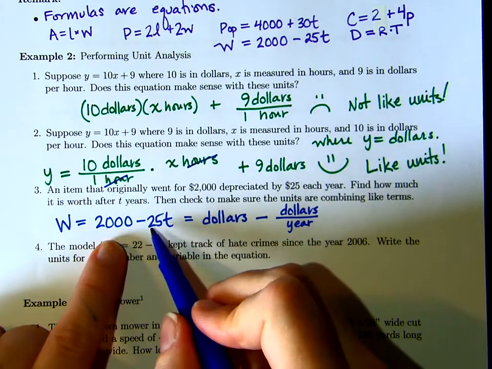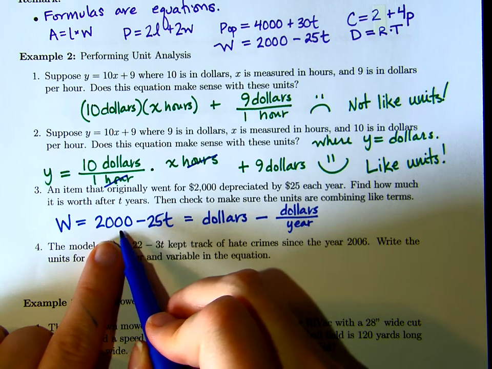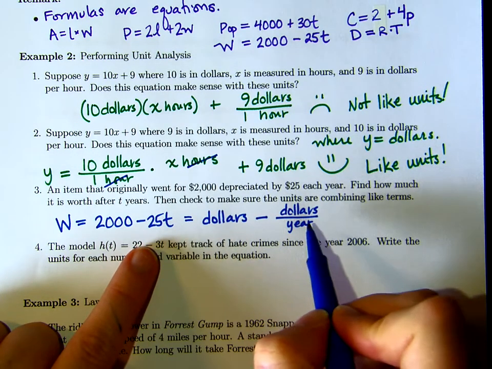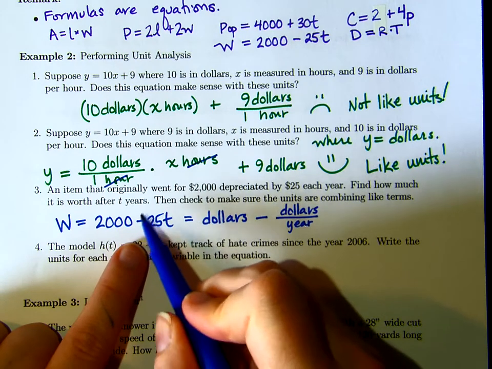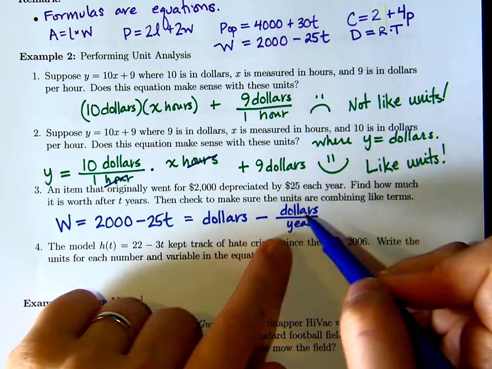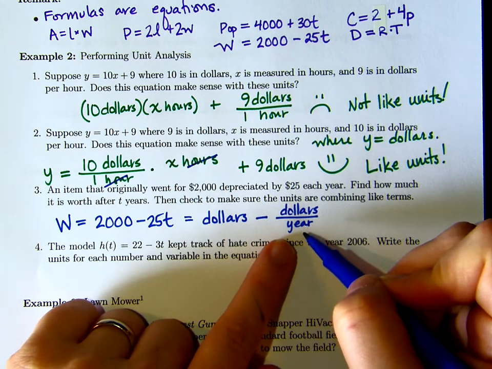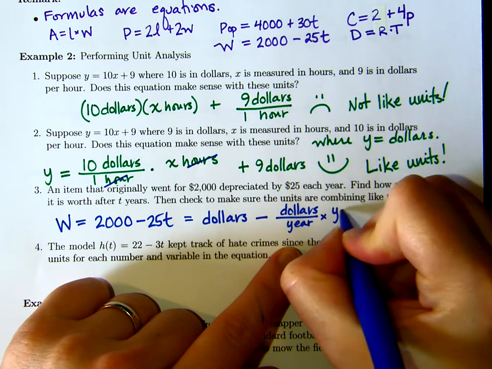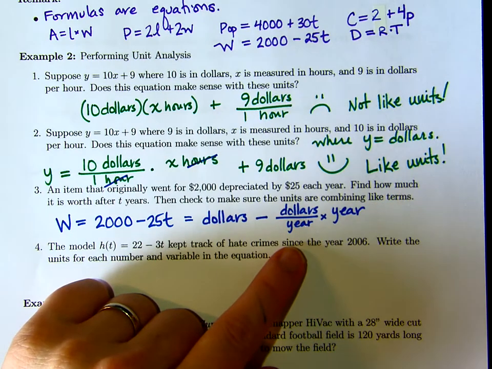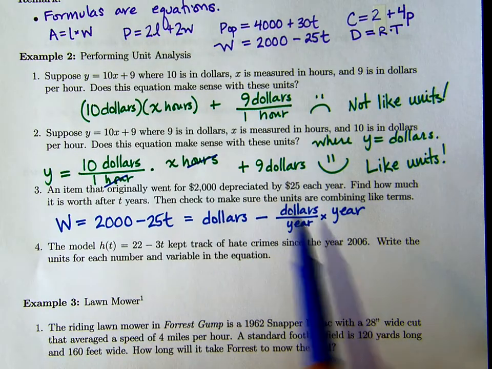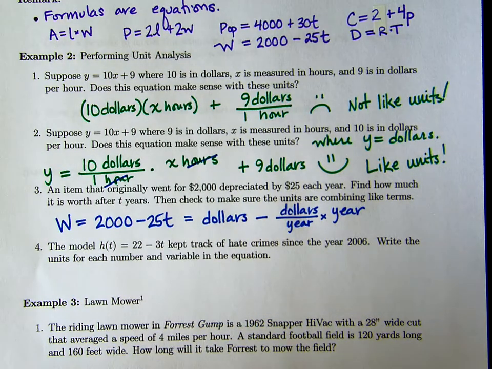And notice how I'm replacing every number and every variable with a label or a unit, and I'm leaving the operations. So this is dollars, and then minus 25 is in dollars per year, and then times time, in this case is in years. So this would be dollars, take away dollars to find the worth in dollars.